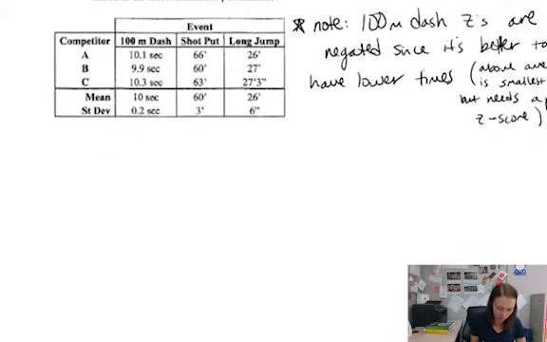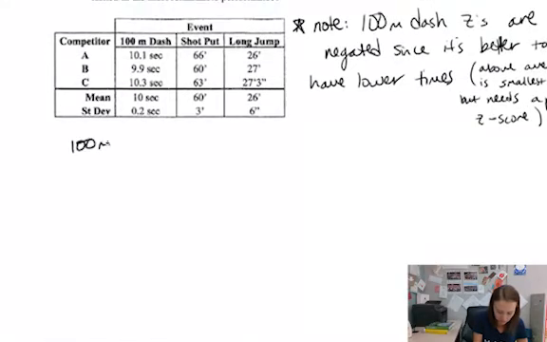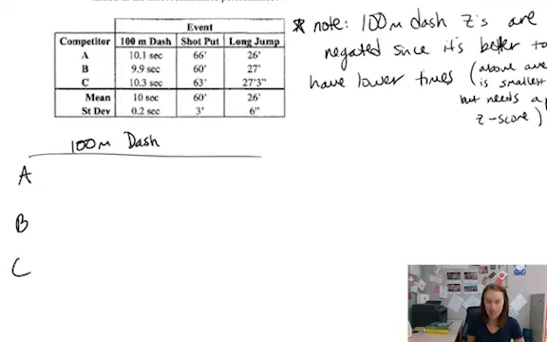So let's start with the 100-meter dash. And I'm going to have competitor A, B, and C. I want to get the z-scores for each one of these to see how they did in relation to the mean and standard deviation, which you can see here.